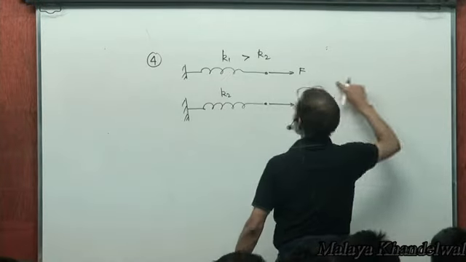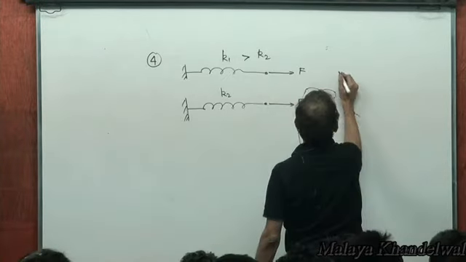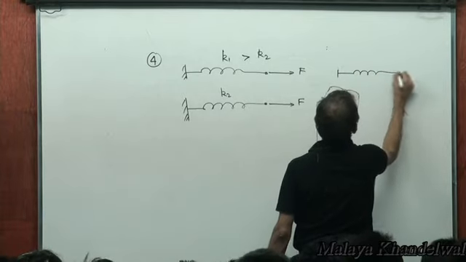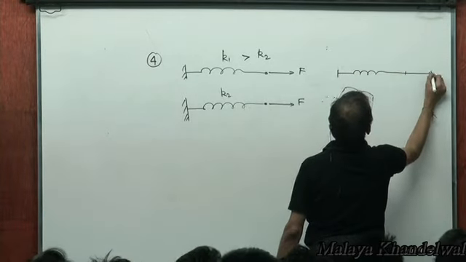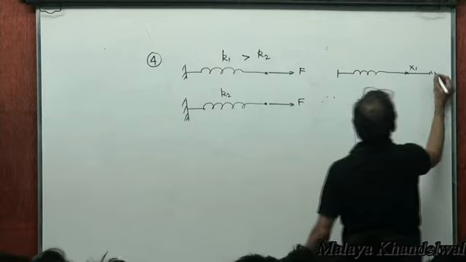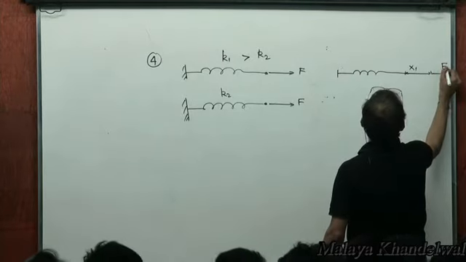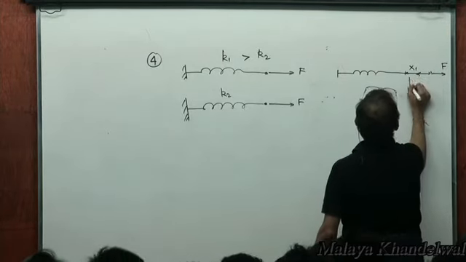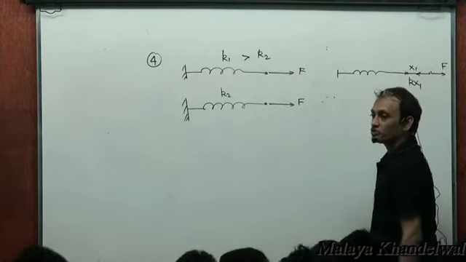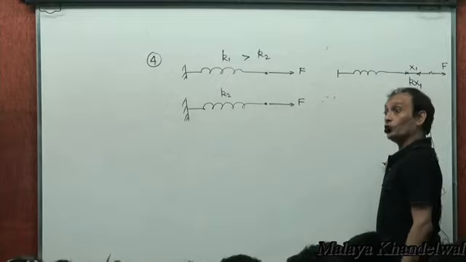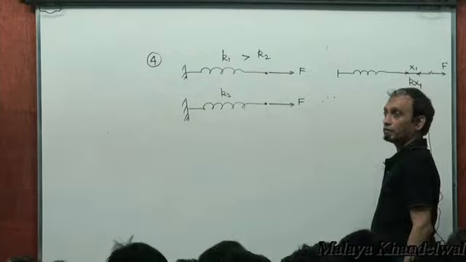Hey, if this is elongated, it will elongate by an amount, say x1, such that the external force F will be balanced by the spring force kx1. Only to that extent it will elongate, right?